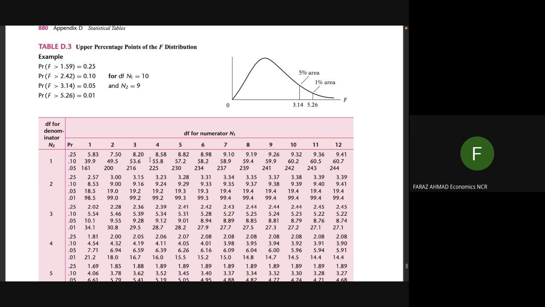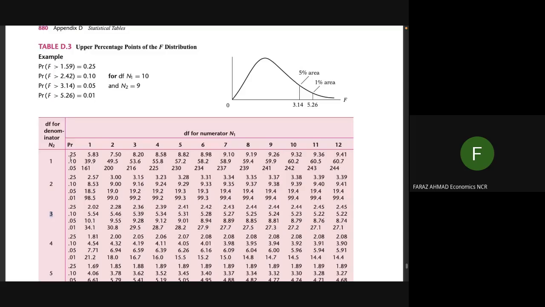Now in our case, we will first see what the numerator and denominator degrees of freedom are. So it is 1 and 3. We will see numerator degrees of freedom 1 here, and then 3 here, and then where is the intersection of this 1 and 3, and we find a set of values here.